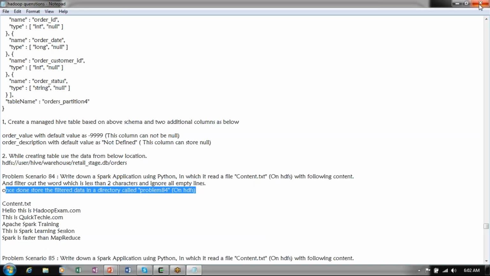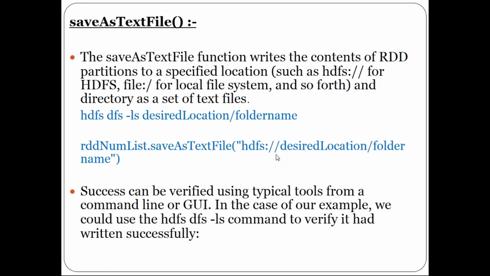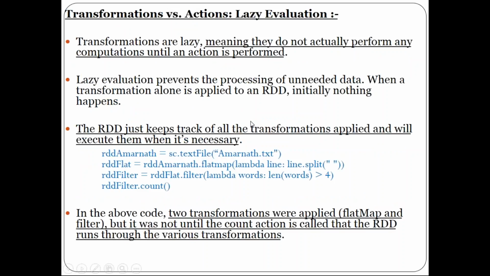That is the reason why I told you this is very important. So your save as text file will save the transformation results into a directory, which will contain the results of your transformations. Okay, that is done. This is about save as text file.